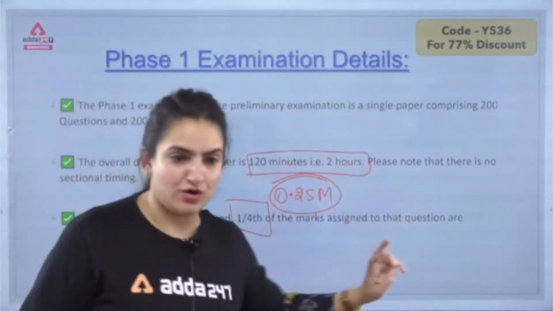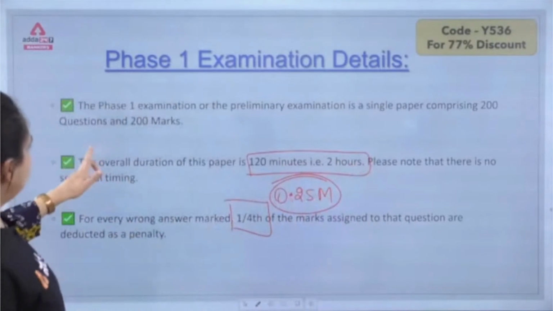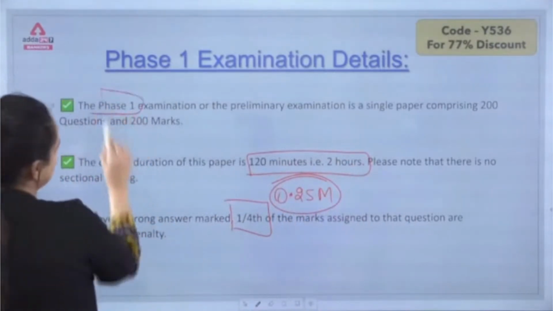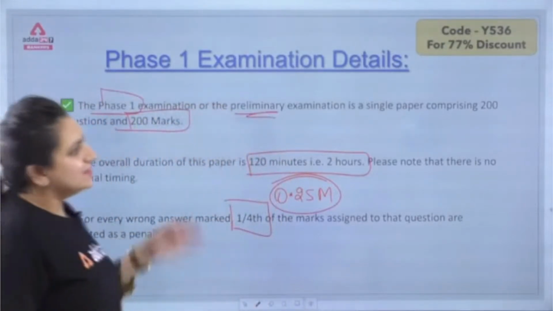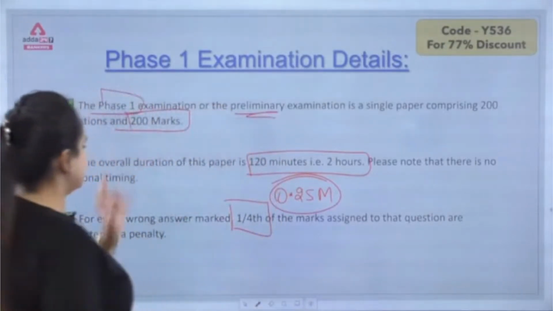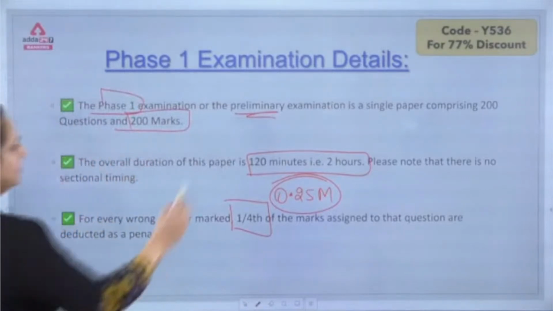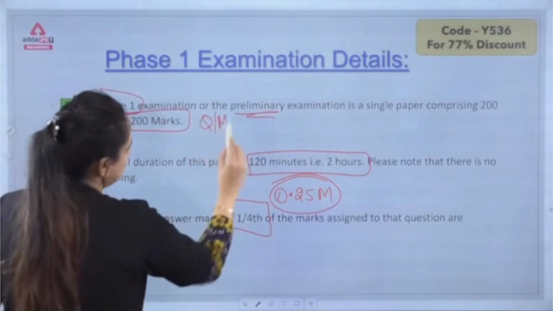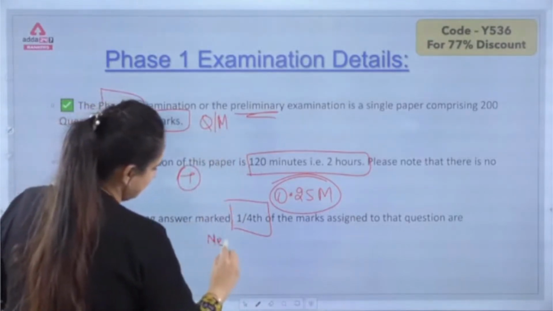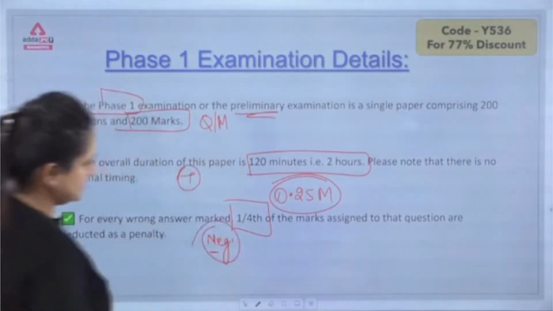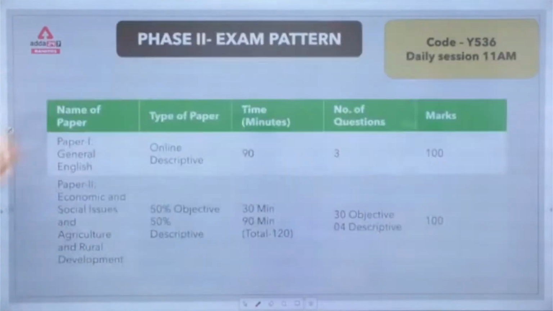This phase 1 comprises 200 marks, which is the preliminary examination, and it's a single paper comprising 200 questions of 200 marks. Herein questions and marks are discussed, herein the time is discussed, and herein the negative marks is discussed. I am sure phase 1 is quite clear to you.